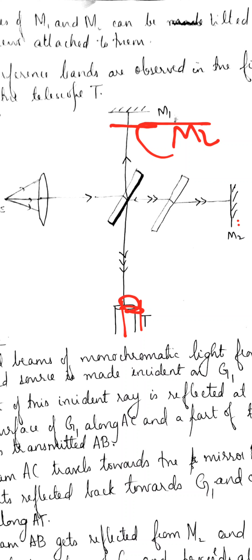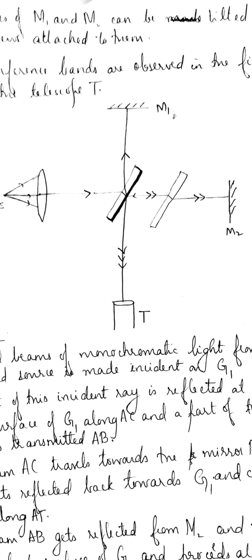So, the explanation for our Michelson's interferometer, that is the reason for the formation of interference pattern, reduces to that of an air film enclosed between two mirrors, that is M1 and M2 dash. Okay.